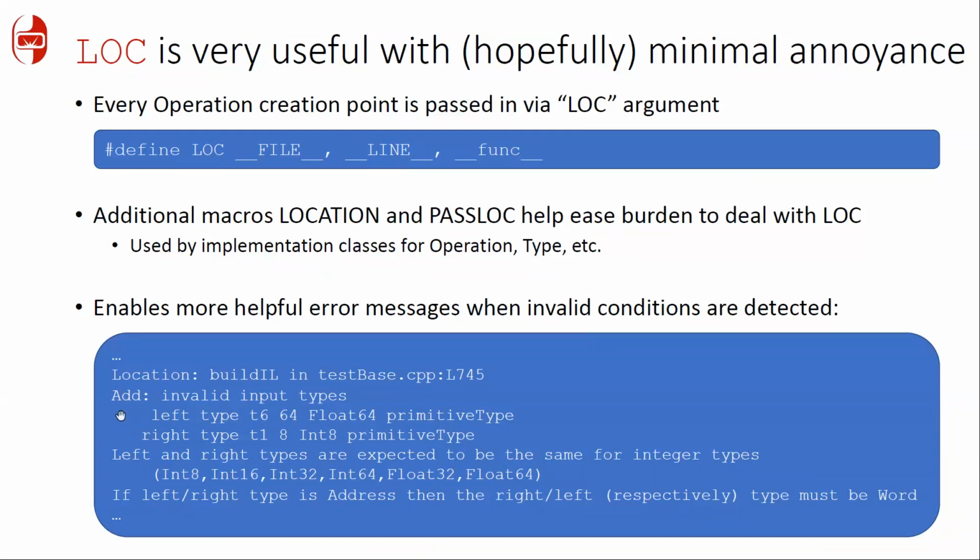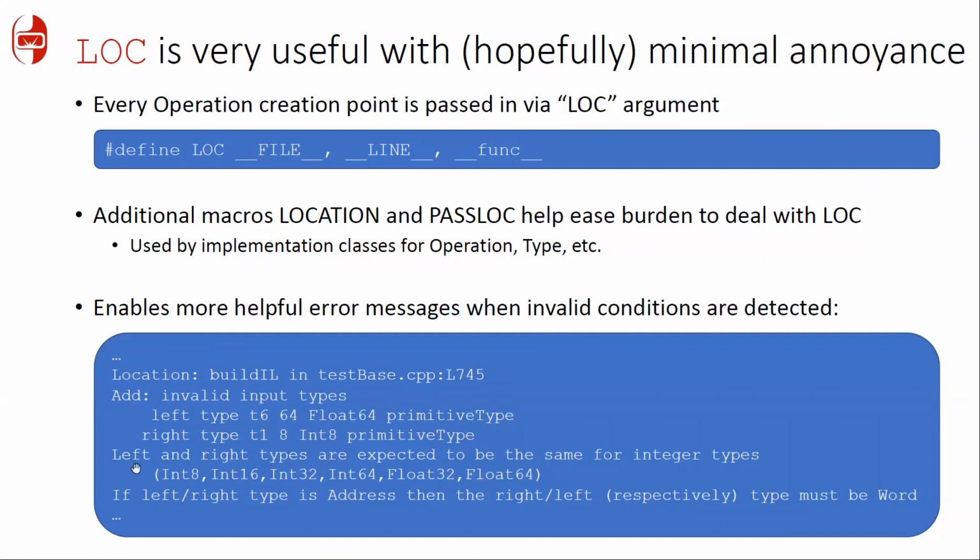And as part of the exception object that gets passed back, there's a message that gets assembled at the error point, and it can say, in this case, you have had an add operation that had invalid input types. It tells you what the left type was. This is the type identifier for it, what its size was, what its type is, and what kind of type it is as a primitive type. And the same for the right.